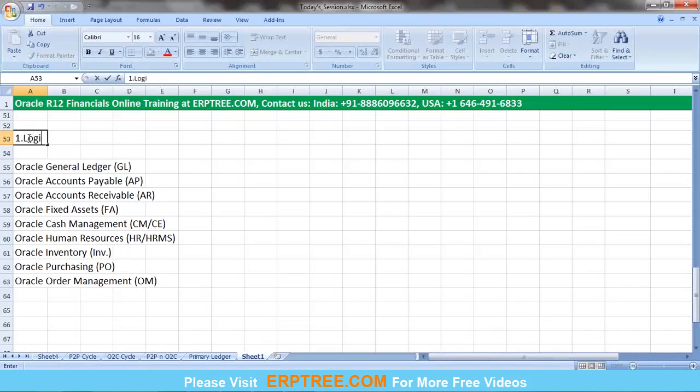So log into the fresh instance as sysadmin, the admin user. That's the first point. Then, from where we can create the responsibilities within the system, we have already seen.